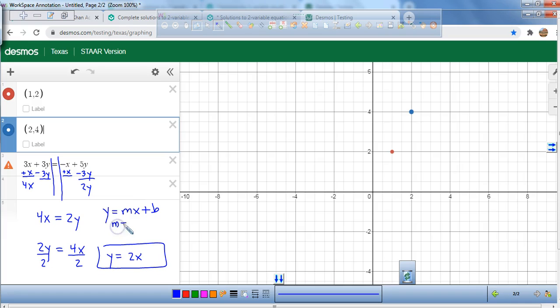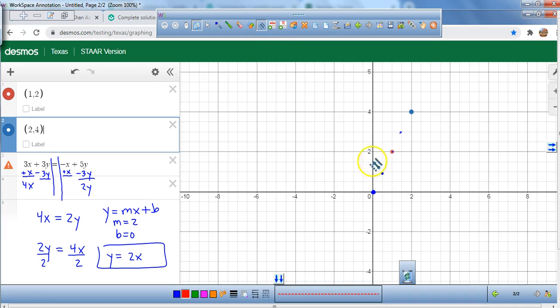So this is in slope-intercept form, y equals mx plus b. It looks like the slope of our equation is 2, and our y-intercept is at 0. So right here, there's 0. I'm going to go up 2 and over 1, up 2 and over 1, up 2 and over 1.